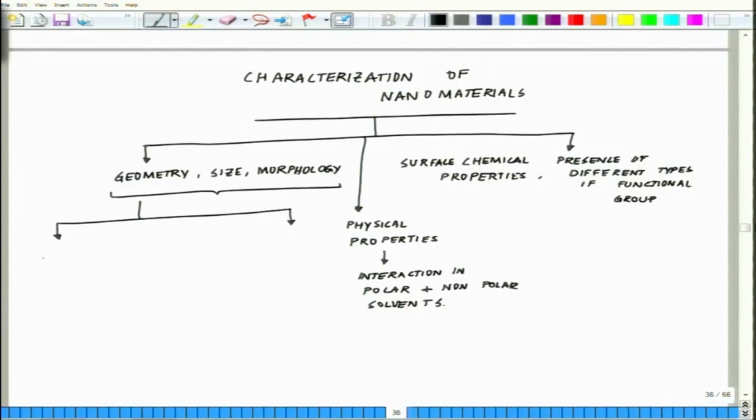So, you have transmission electron microscopy, and sometimes we go at a high resolution.